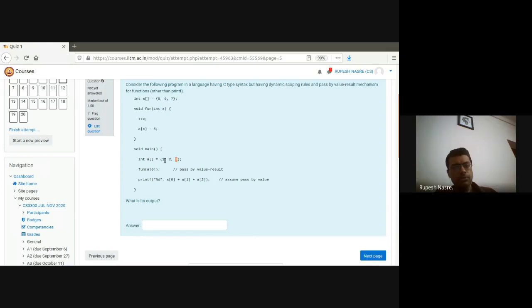So at this stage, this array from main is still 1 to 5, right? Because this is value result, so it has not been updated. After this statement, when the function ends, the value of x, which is 2, is updated in a of 0 because of the value result thing, and therefore it will become 2 to 5, and therefore the answer should be 9. Right? So that seems correct. But if it was marked as 40, then I'll check, but it should definitely be 9.